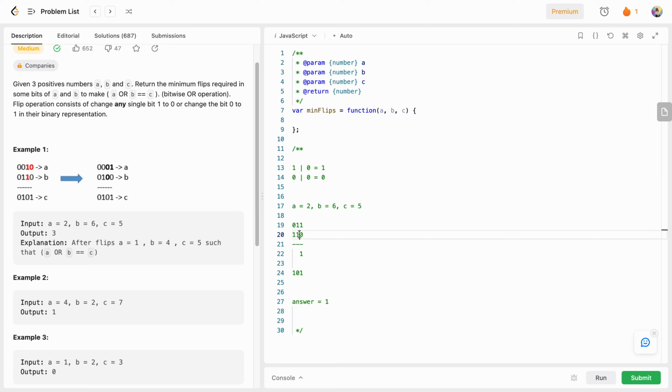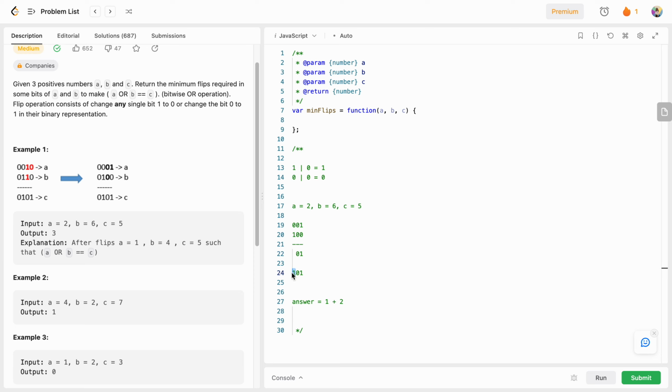But we have 1 and we have 1 here, so we are going to add 2 to our answer, and we flip both of them. So we flip both of them, and here we get a value 0. These two zeros give us 0.